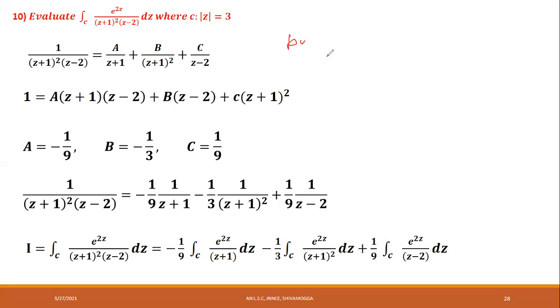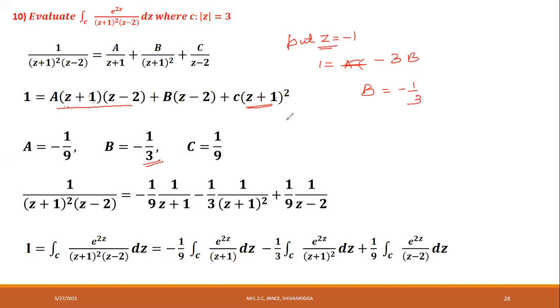When z is equal to minus 1, this expression will be 1 is equal to A into minus 1 plus 1, which is 0, and 0 into anything is 0. Here also minus 1 plus 1 is 0. And here minus 1 minus 2 is minus 3B. Therefore, B is equal to minus 1 by 3. B is obtained.